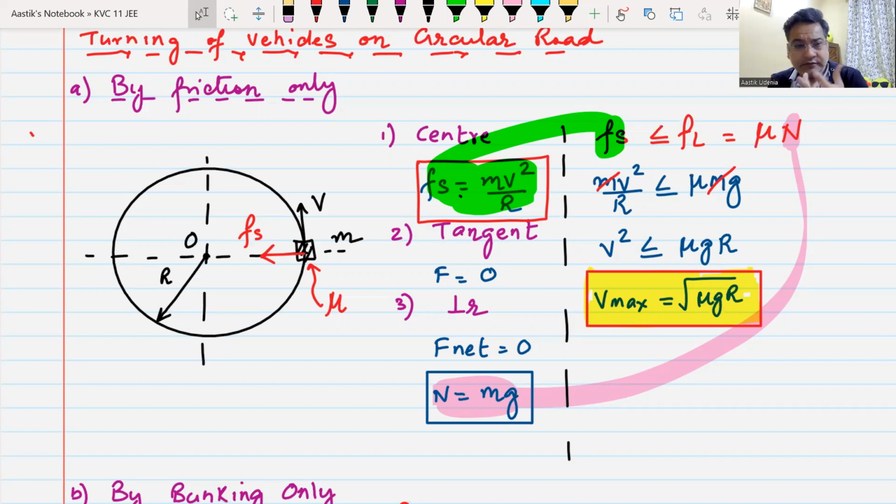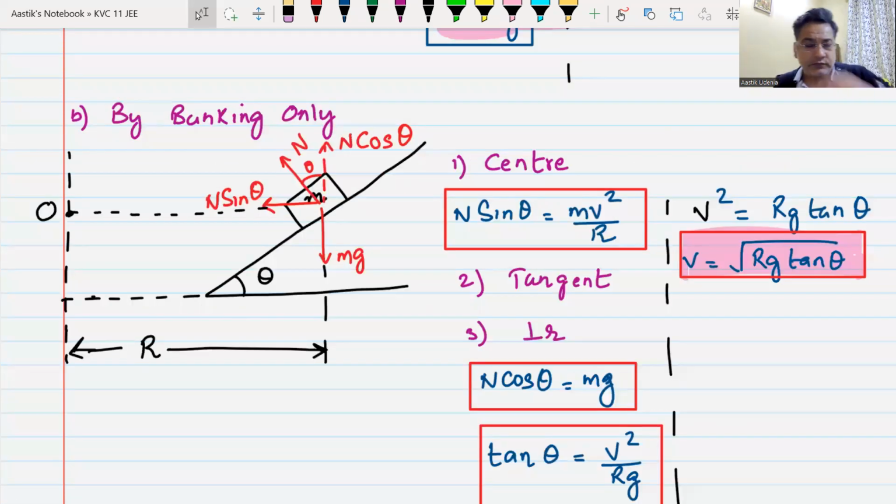They can turn by using friction only. Do we remember this? We had found out the maximum velocity, root over mu gr, or they can turn using the concept of banking, where the road is banked, and we had seen the different aspects of it.